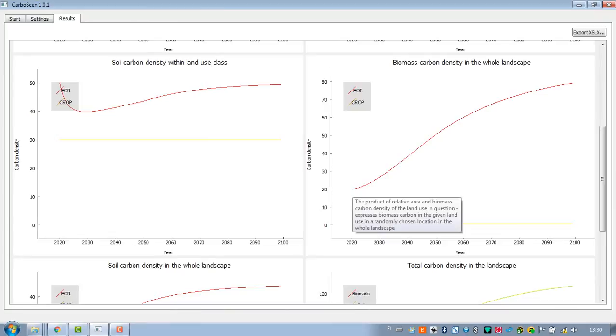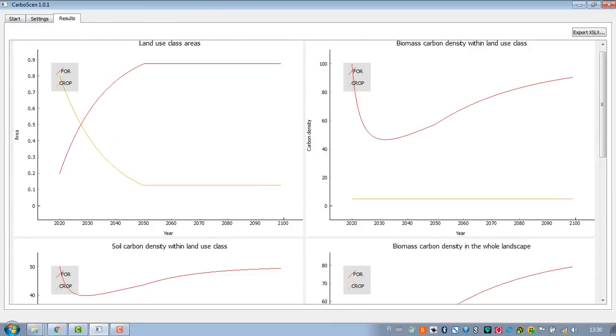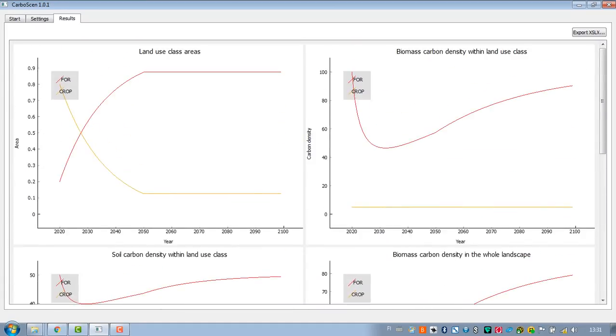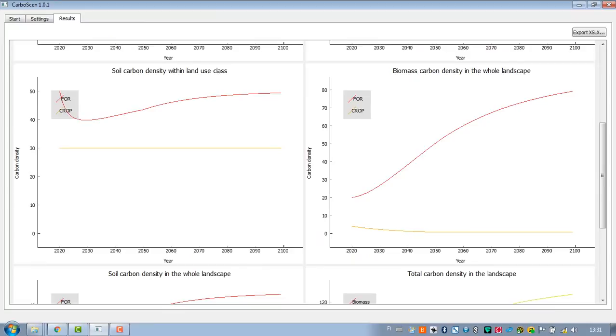So you can see that. So it's the area multiplied by carbon density. I see. So you see that in the beginning there's less forest area than cropland, much less, but because carbon density is much higher, there's more carbon in forests than in croplands.